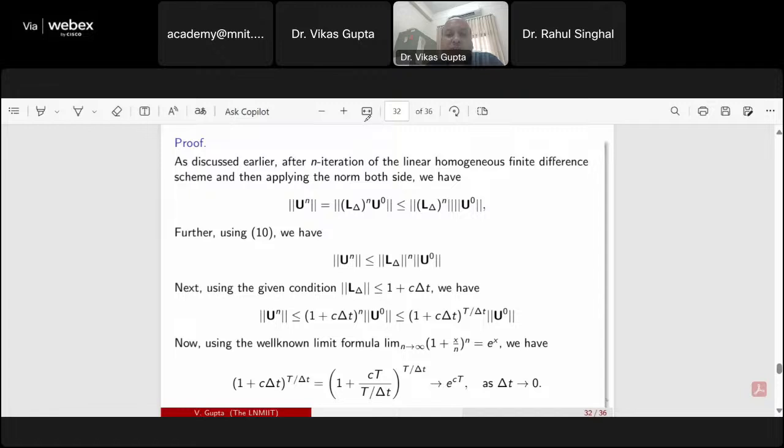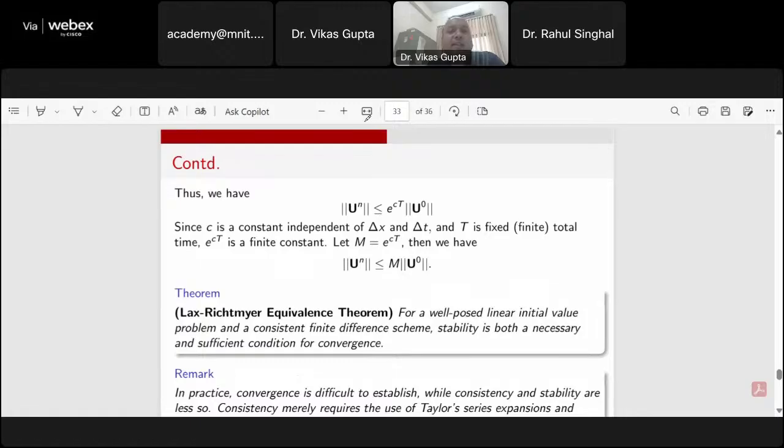So using this formula, you can see that this term approaches e to the power CT as delta t approaches 0. Thus, we have norm of u^n bounded by e to the power CT norm of u^0.